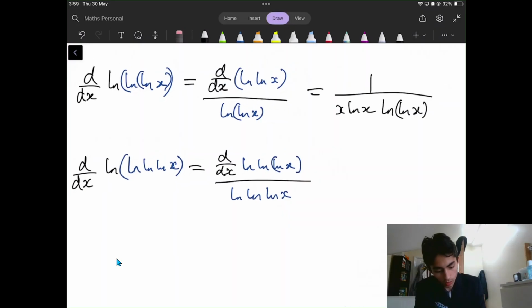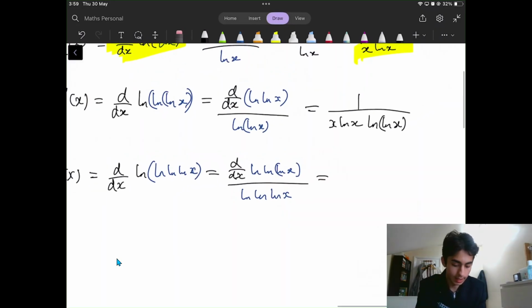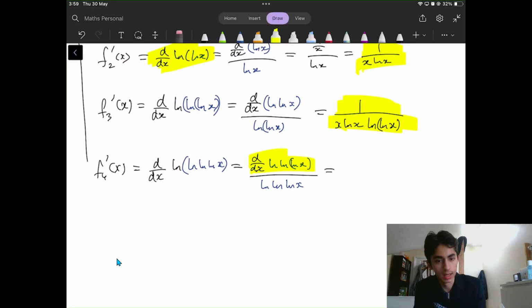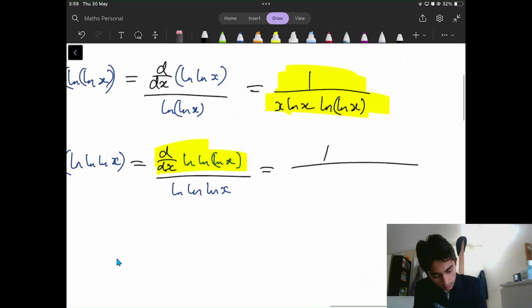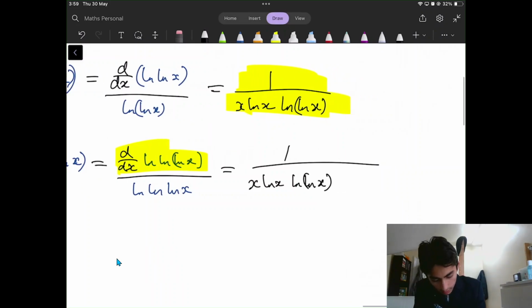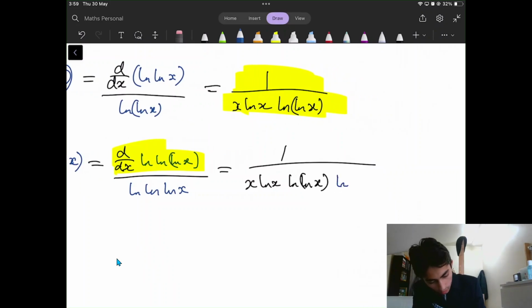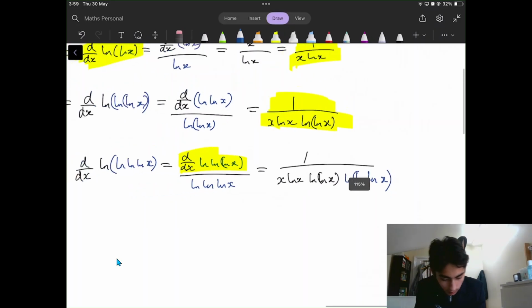And we already know the derivative from the previous line. So if we clean everything up, we get x ln x ln ln x, multiplied by the blue bit, which was ln ln ln x, right?